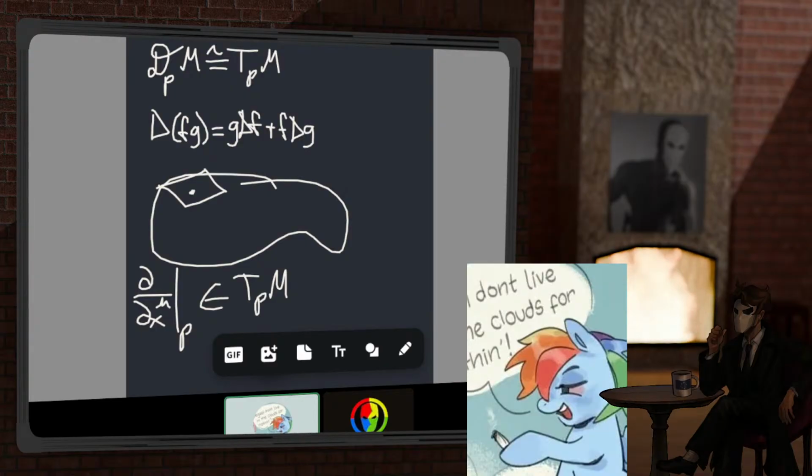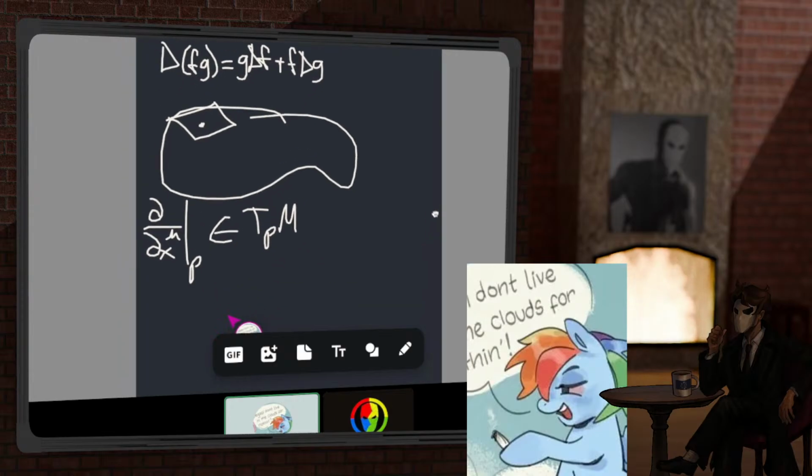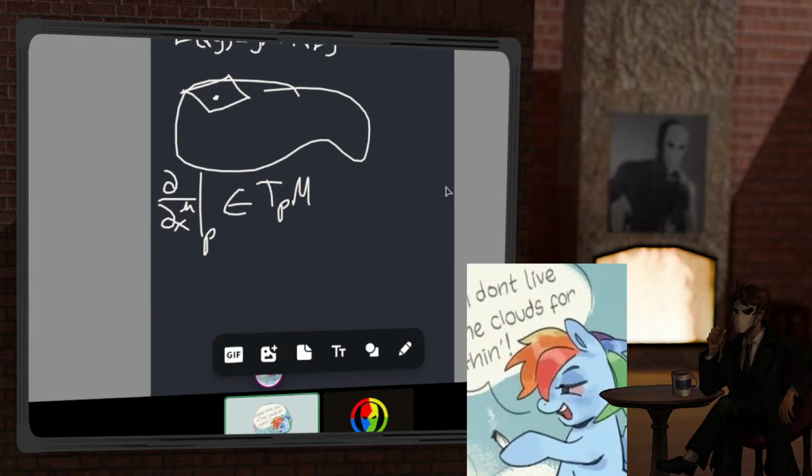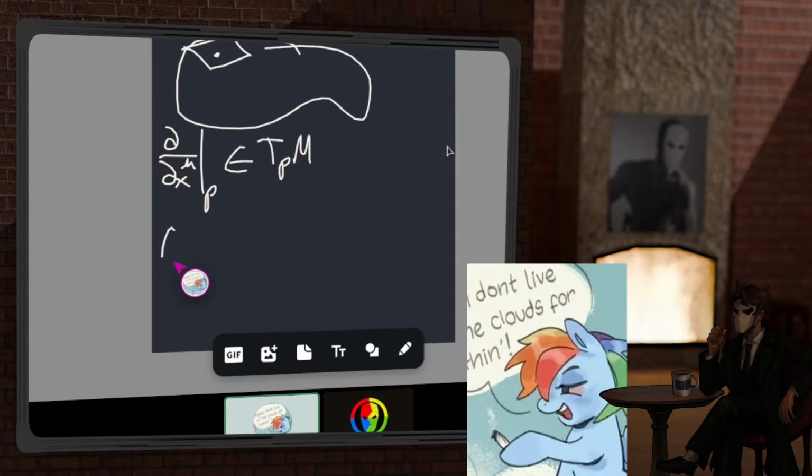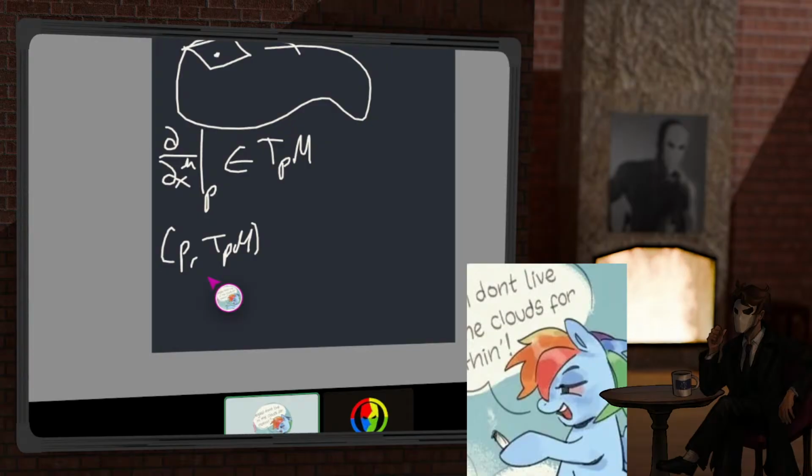All right, continuing on. We can then construct what's called the tangent bundle, which is the collection of every pairing (p, T_p M), or I guess we would take the disjoint union of each one.